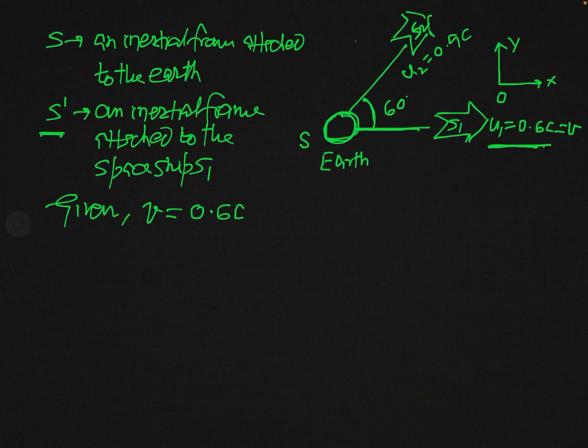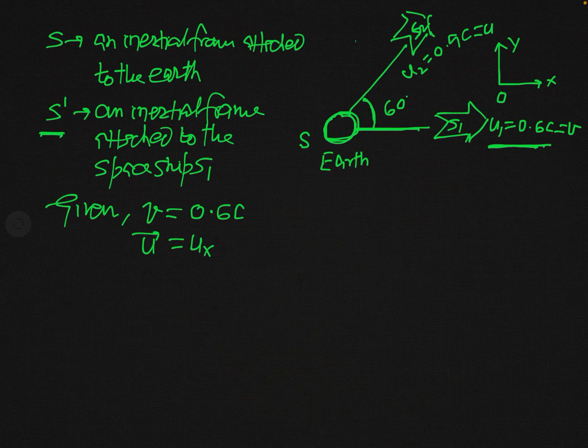And the object is the spaceship S2, and we denote the velocity of the spaceship S2, or the object, by the symbol U. So U is given here as 0.9 c, shown in this figure as u2, but at a direction making an angle of 60 degrees to the x-axis. So what will this U be?